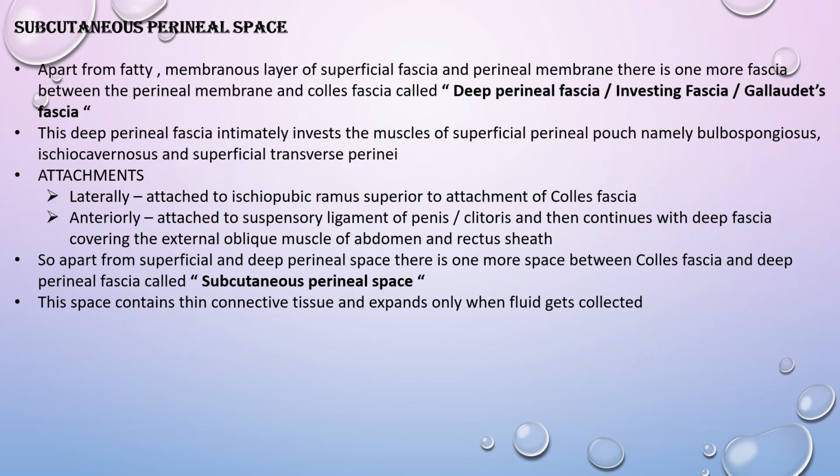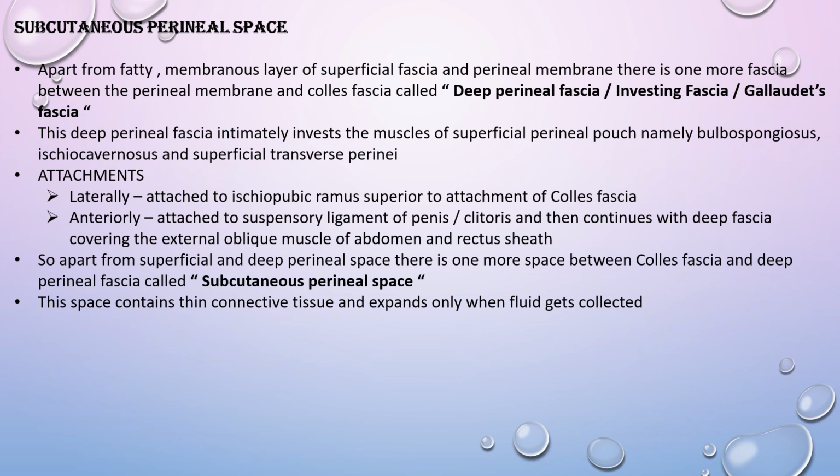Apart from superficial and deep perineal pouch, the urogenital triangle contains one more space, that is the subcutaneous perineal space. Apart from the fatty and membranous layer of the superficial fascia and the perineal membrane, there is one more fascia between the perineal membrane and the Colles fascia called deep perineal fascia or investing fascia or Gallaudet fascia.